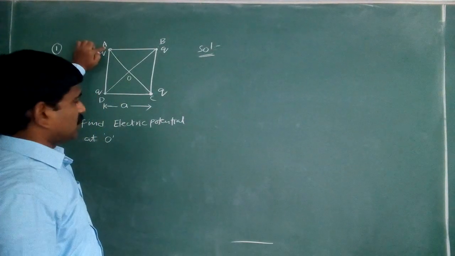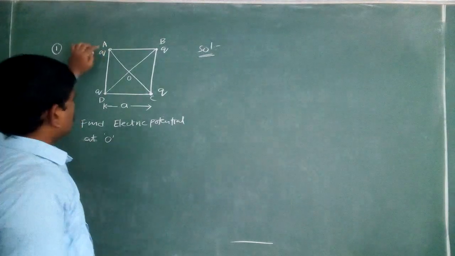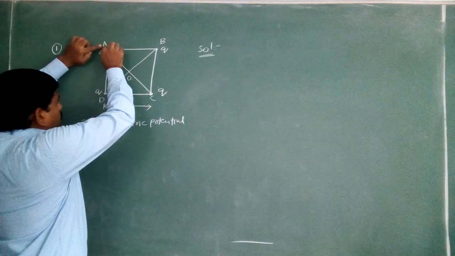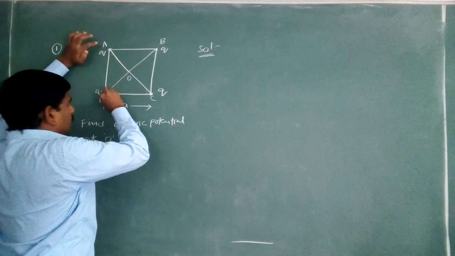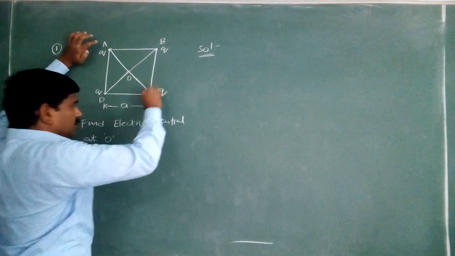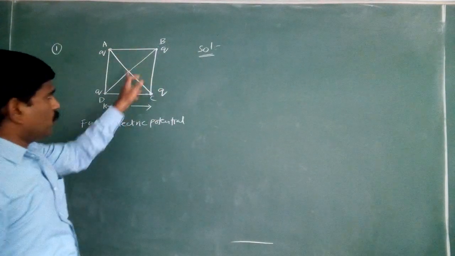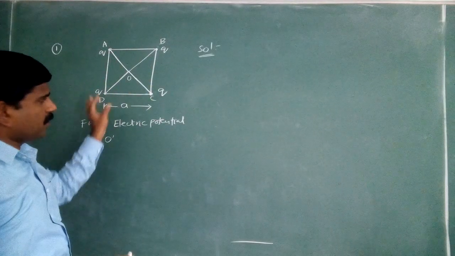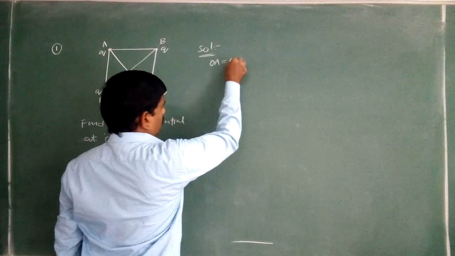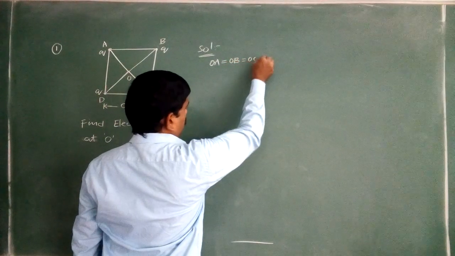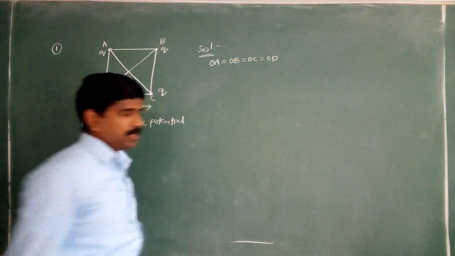Potential due to the first charge. Here observe these distances: OA, OB, OC, OD are all equal. OA must be equal to OB, equal to OC, equal to OD.